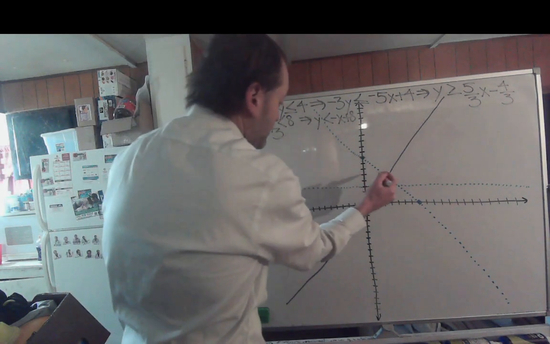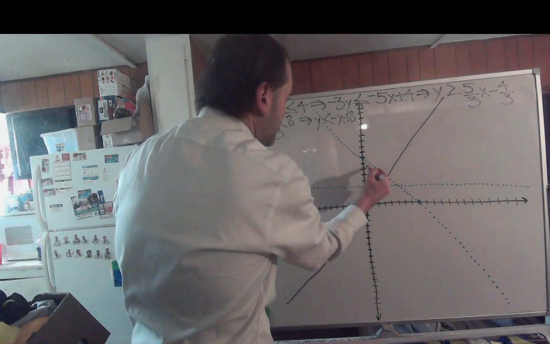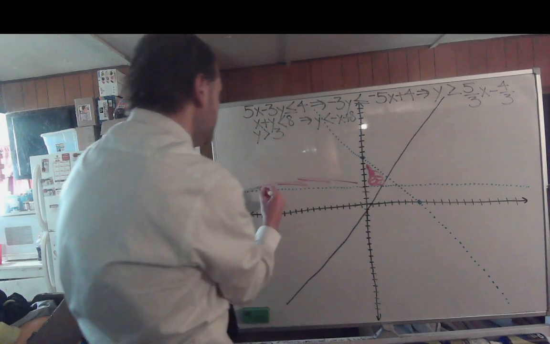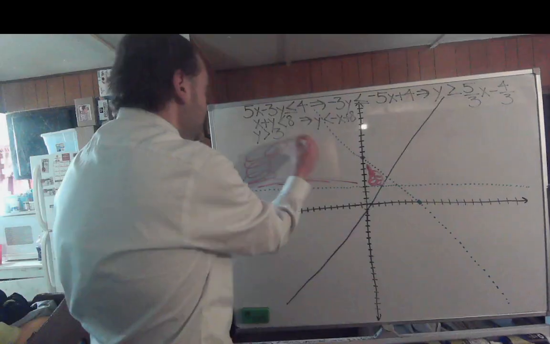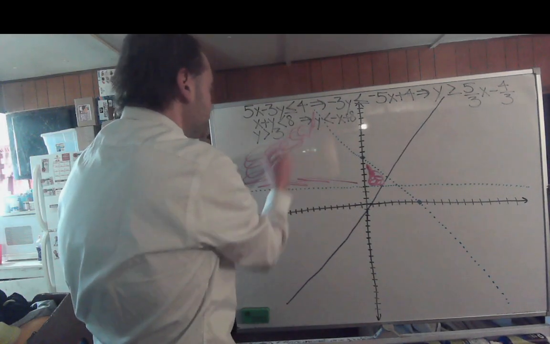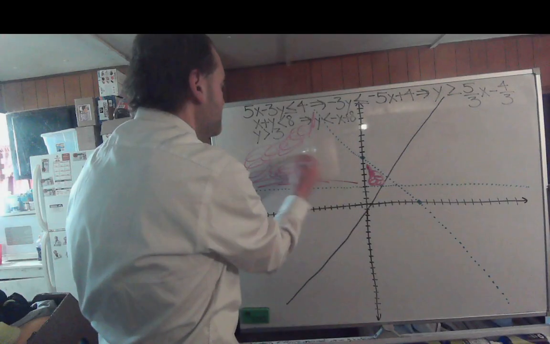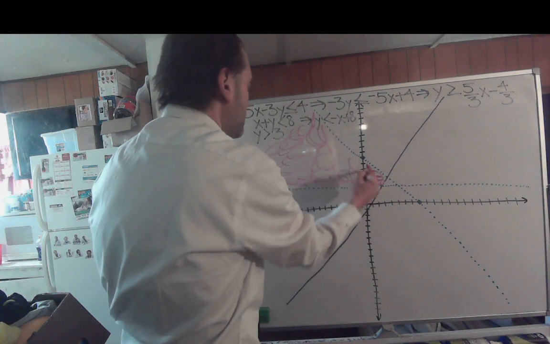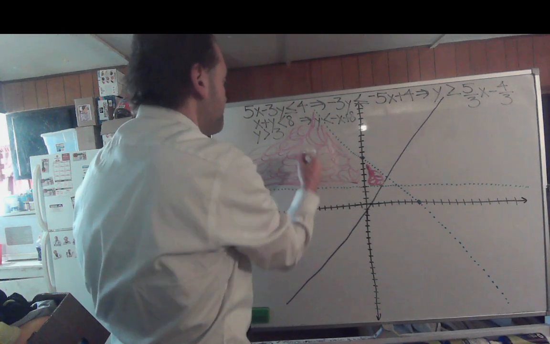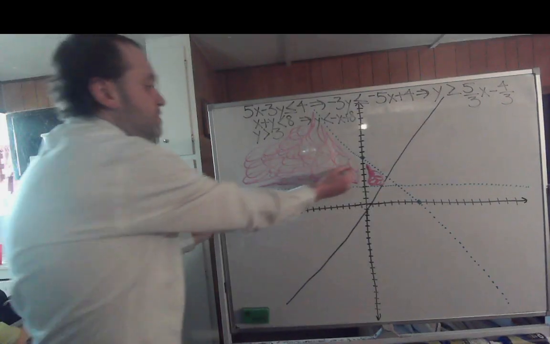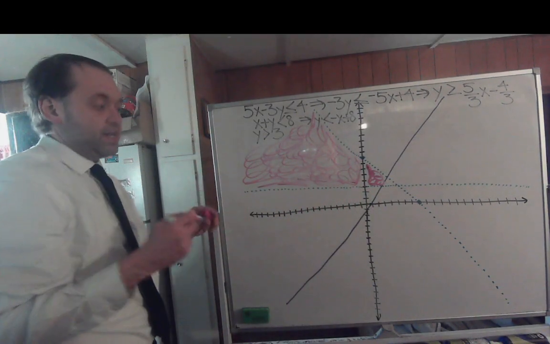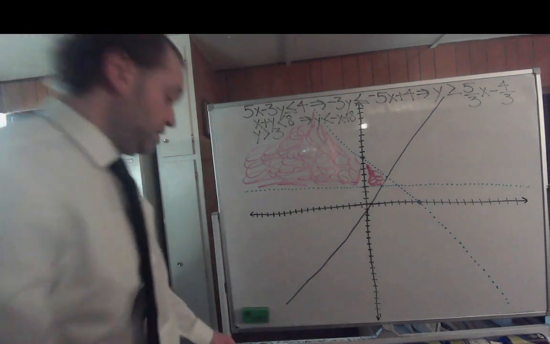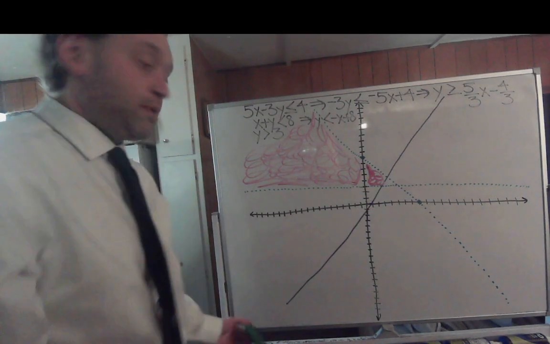So the area you're really going to shade is going to be all of this. There's still an awful lot to shade, but not as much as when we only had 2 inequalities in the system. So that would be the shaded region that represents the solution to these inequalities. And I should have about 4 more for you.